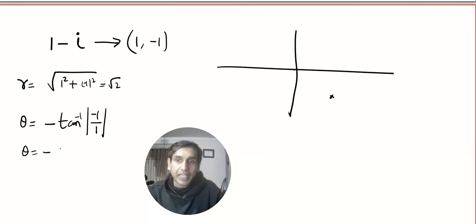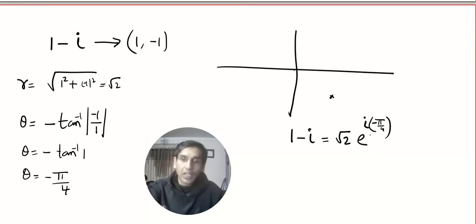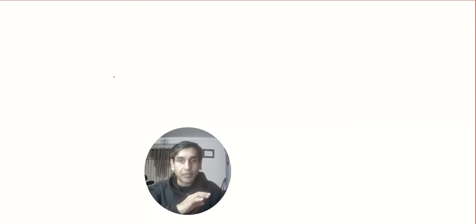That means minus tan inverse 1, and that will be minus pi by 4. That's it. Now I can write 1 minus i equal to r e to the power i into minus pi by 4.